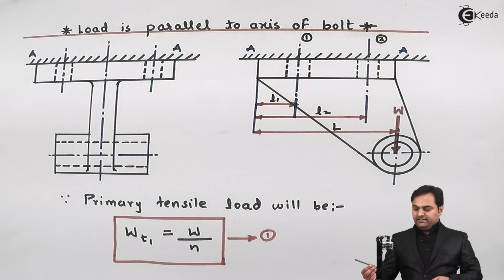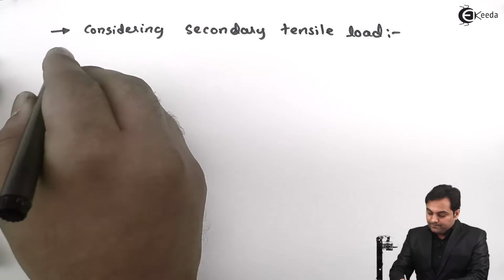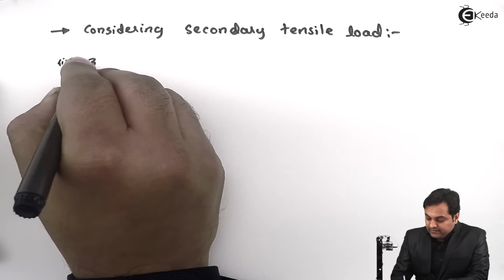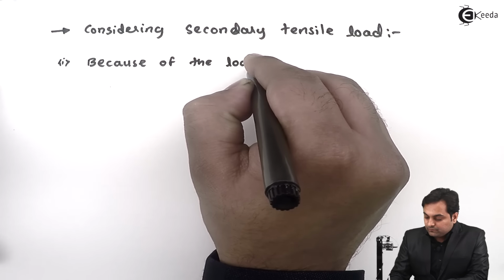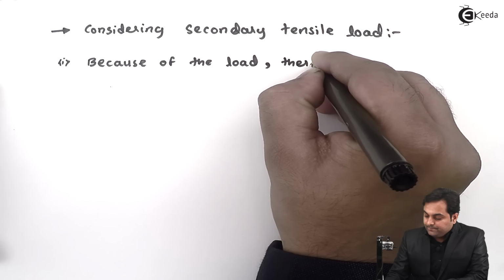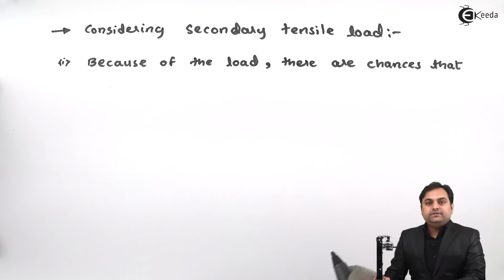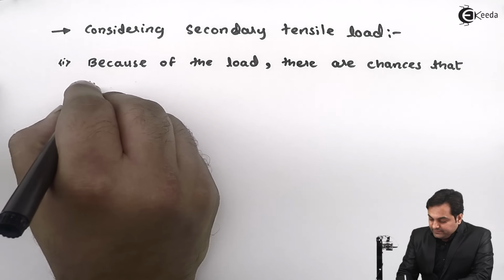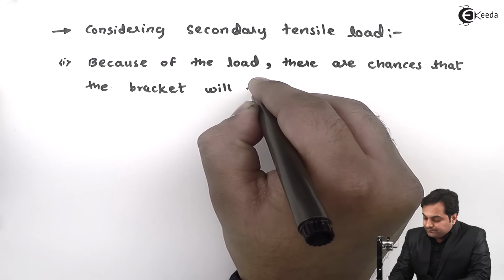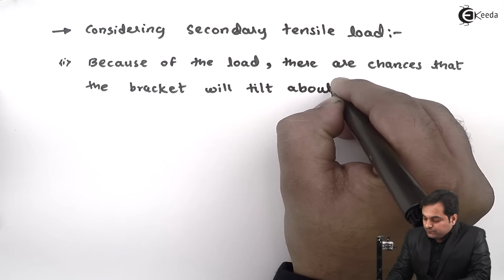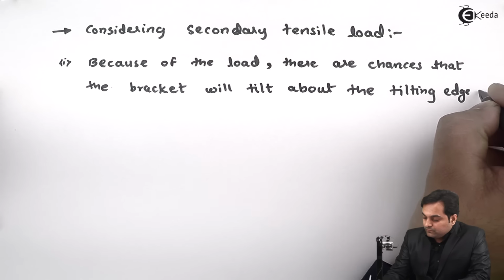For that I will write down, considering secondary tensile load, because of the load there are chances that the bracket will tilt about the tilting edge AA.